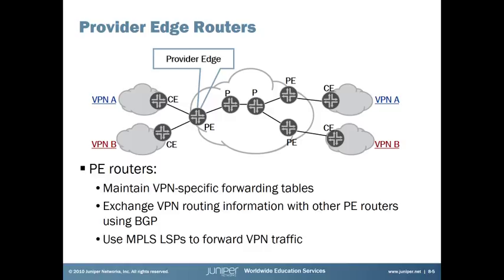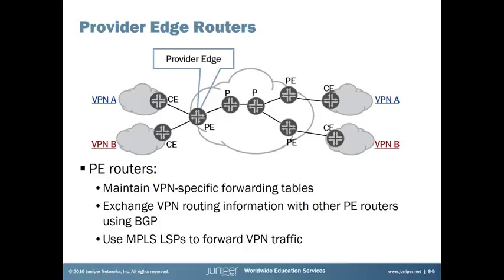One of the beauties of this system, which makes it administratively efficient and scalable so we can add lots and lots of customers, is that the only routers in the provider's network that are involved in this whole VPN process are the PE routers. No other routers are aware of the VPN at all.